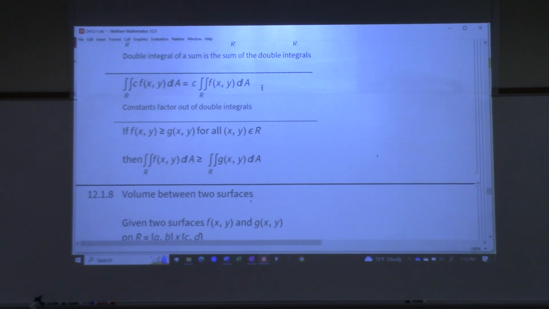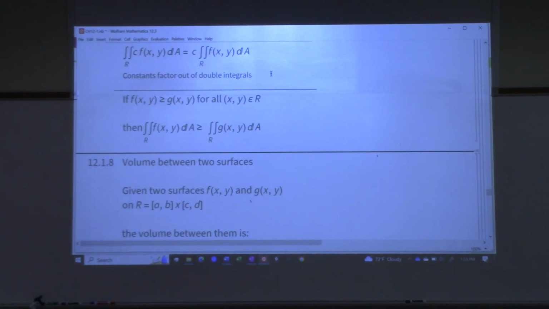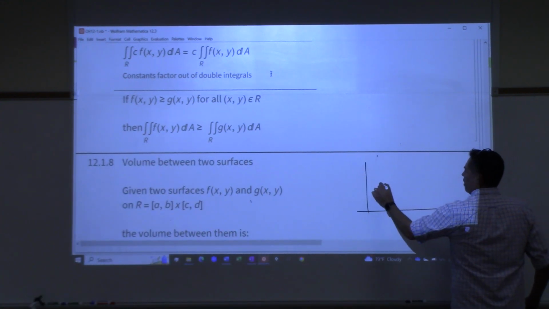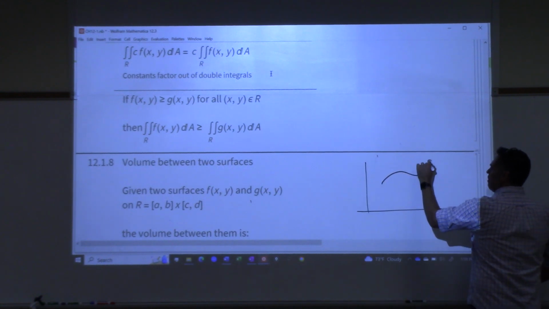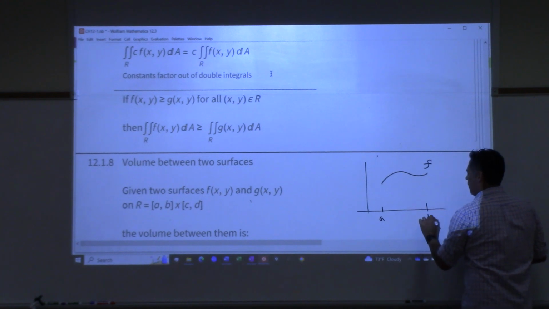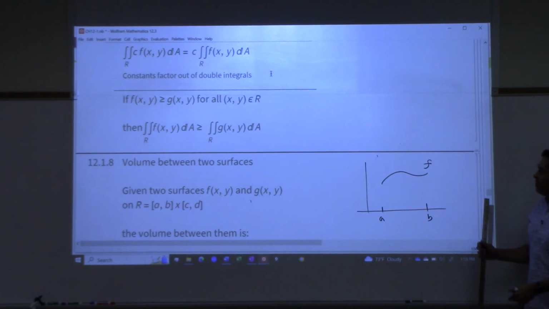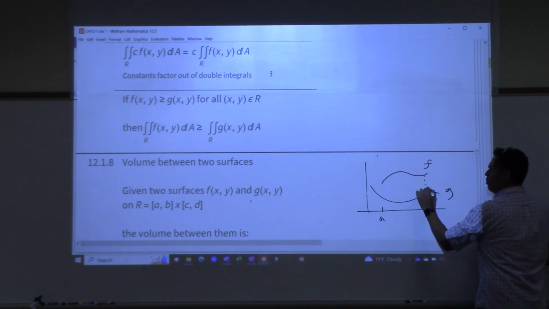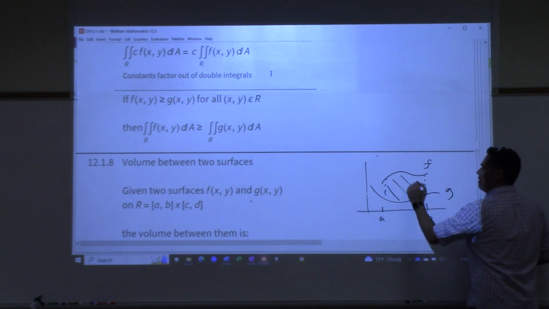All right, and we're at the final note for this, the volume between two surfaces. So the analogy here, going back to Cal 2 again, is that we first start by looking at some function f and we look at the area underneath it, right? Between a and b. And then after that, we say, what if you bring another function in here like g? And now what you want to do is find the area between them.